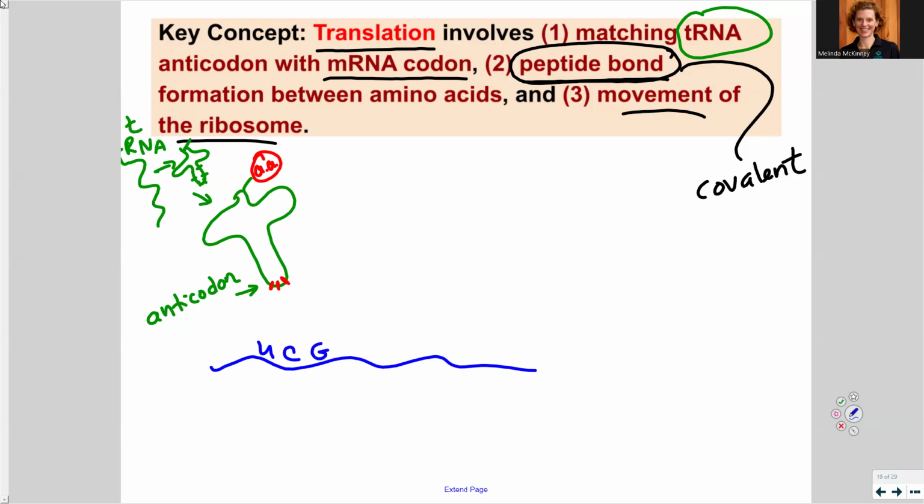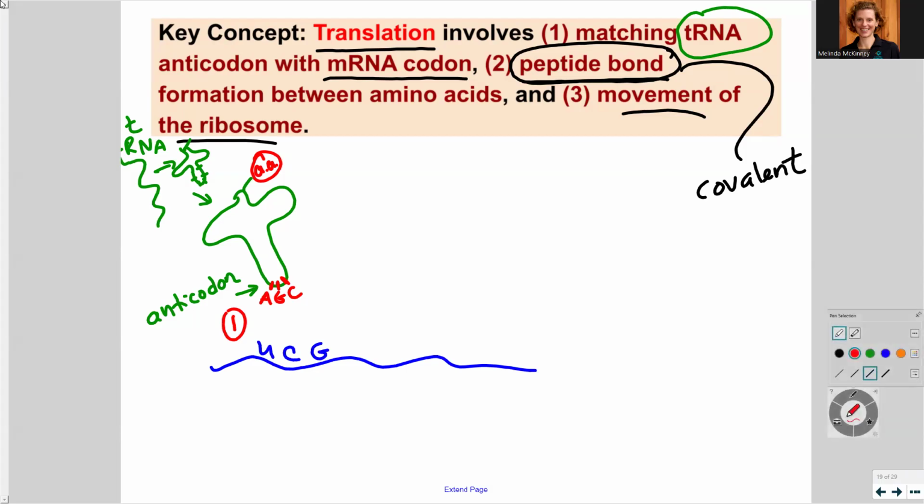And that means that on the anticodon, we will have, so U is going to correspond to A, C is going to correspond to G, and G is going to correspond to C. So the first thing that happens, so this is step 1, we pair these up, okay? It's going to bring in the amino acid.